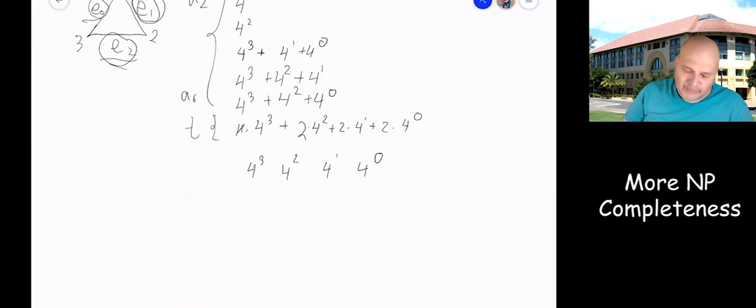The first one is 4 to the 0, which is just 0, 0, 0, 1. And we have 0, 0, 1, 0. This is 4 to the 1. We have 0, 1, 0, 0. These are the 3 edge numbers.